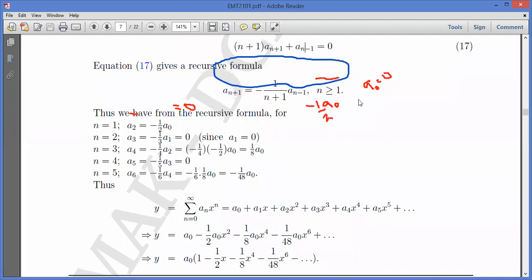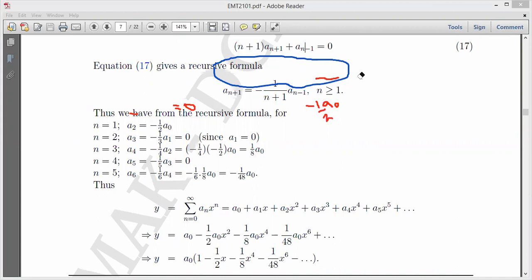This is wrong. a naught is not 0. It is a1. So we got a1 as 0. So when we have this, it means our a2 is equal to minus a half a naught.